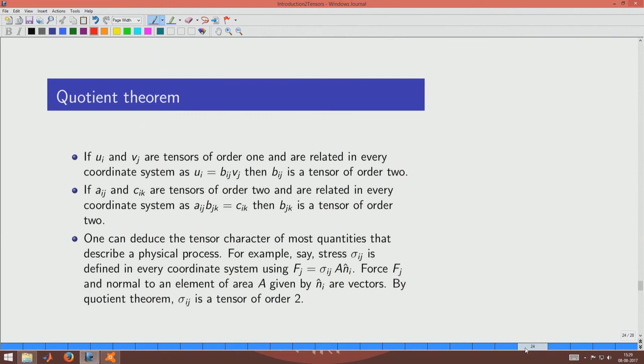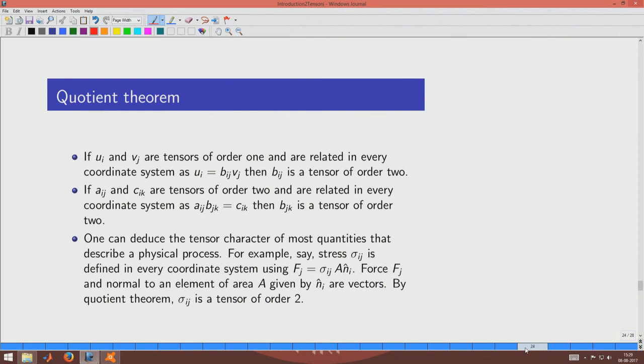Now, this is one of the powerful theorems used to derive quantities that we do not know as tensors, but we realize as tensors, and this theorem is called the quotient theorem. The quotient theorem is actually a very subtle concept. We will define it with respect to vectors, and then we can extend it to higher order tensors also. The quotient theorem is applicable for tensors of any order.